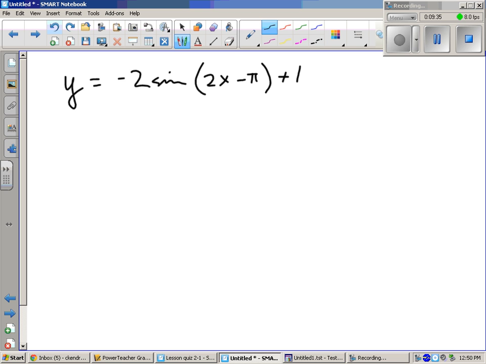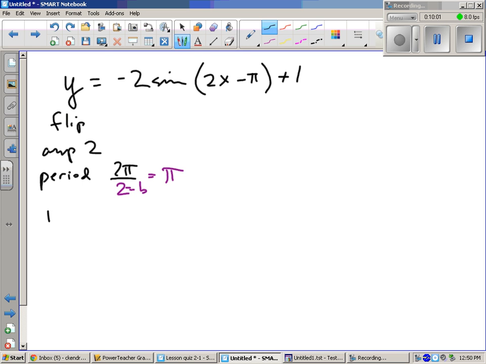All right, so over on the left, we're going to write down everything we're going to do. We're going to flip the graph. Our amplitude is going to go to 2 and negative 2. The period, which is the wavelength, is going to be 2 pi over 2, which is your B. So it'll be pi. So our new wavelength is pi.